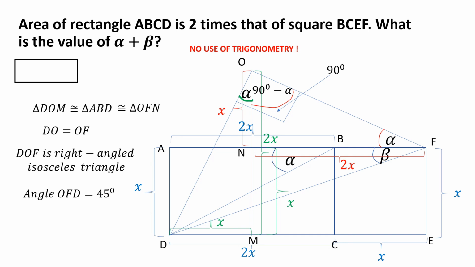Well, we can clearly see it as the sum of those two angles alpha and beta, because part of that angle is angle OFN, which is alpha, and the other part is beta, which is already given. So it's pretty evident from our constructions that angle OFD is simply alpha plus beta. So that makes alpha plus beta equal to 45 degrees. So the correct answer in this case will be 45 degrees, or if you're expressing your answer in radians, it's pi by 4.